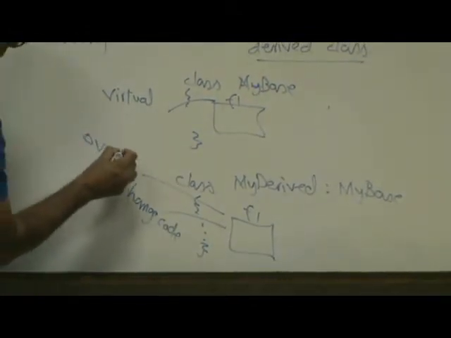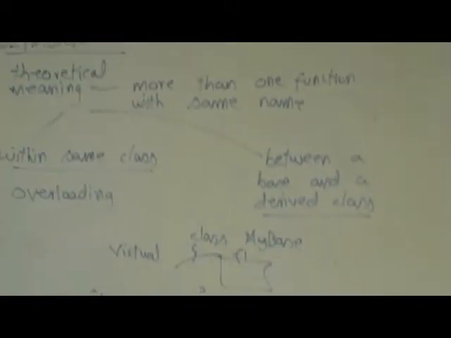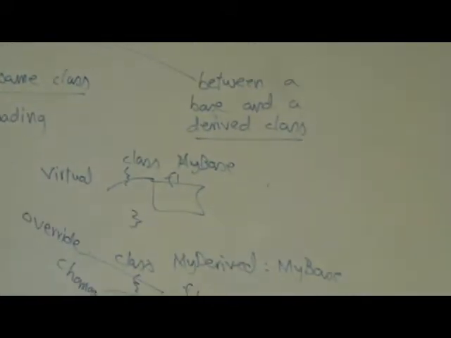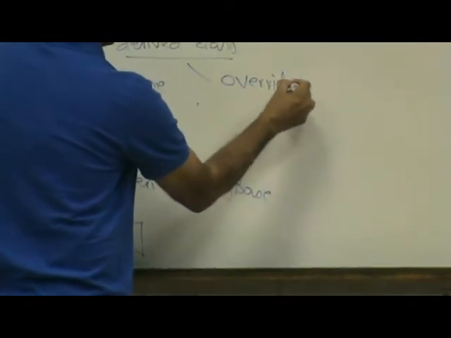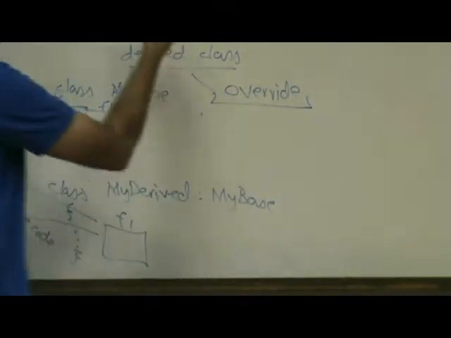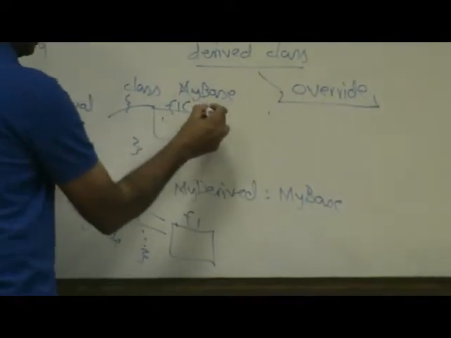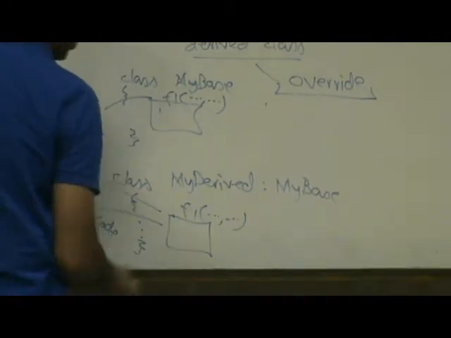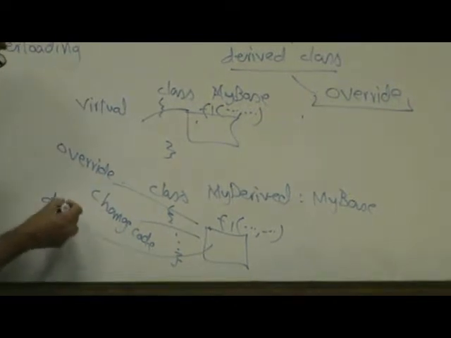Override. So anyway, the second concept where polymorphism occurs is between a base and a derived class, and the override keyword is used to indicate we have the same method, same exact parameters, but different code over here.